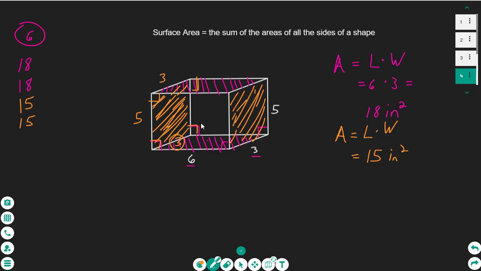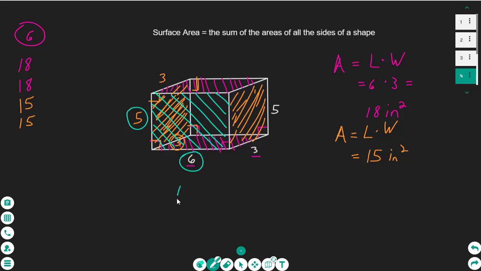Again, we're all at right angles, so the front and the back are going to be the same size as well. So let's try to figure out the area for the front. I know my picture is getting a little bit messy here, but essentially we're figuring out the area for this front here. So what's the area of the front? Well, we have our length, which is 6, and the width of this face, which is 5.